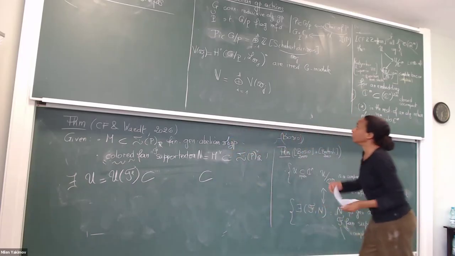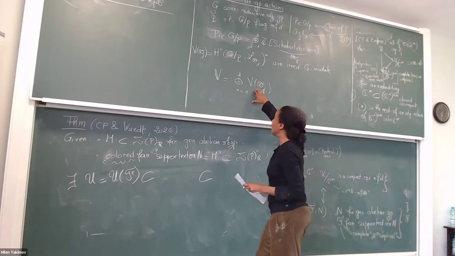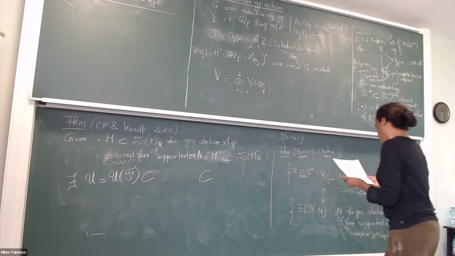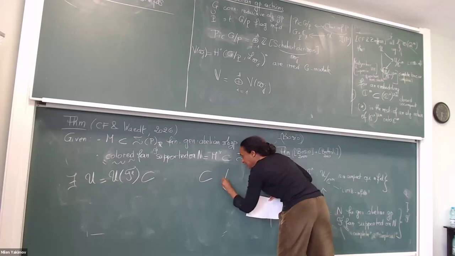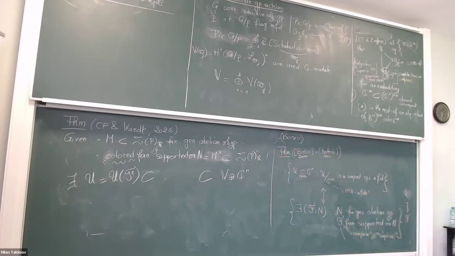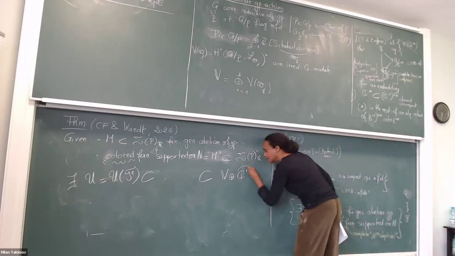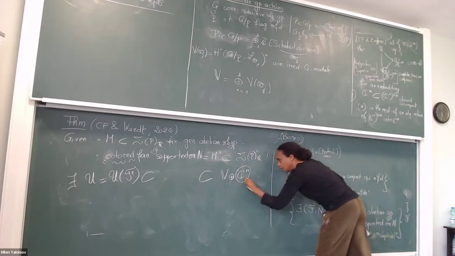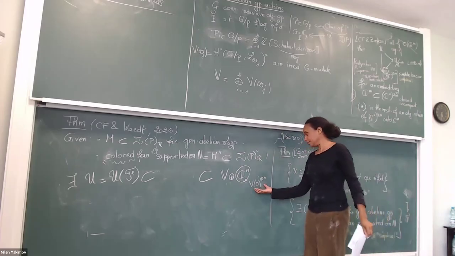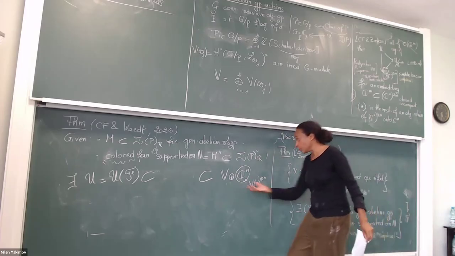This will not be the only module I want to look at. I want to look at not only this V, but a V with this C^N of Bosio, which I regard as a G-module, a trivial module, and a copy of it.